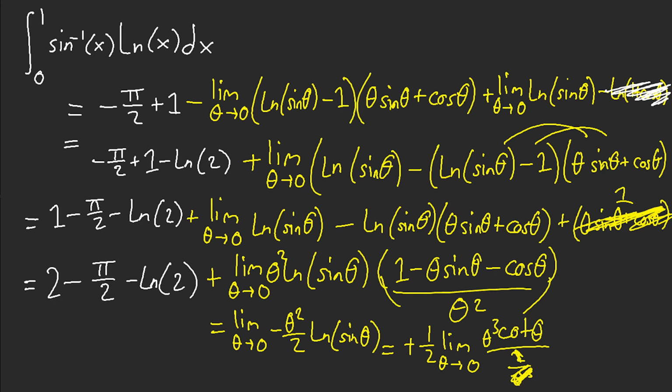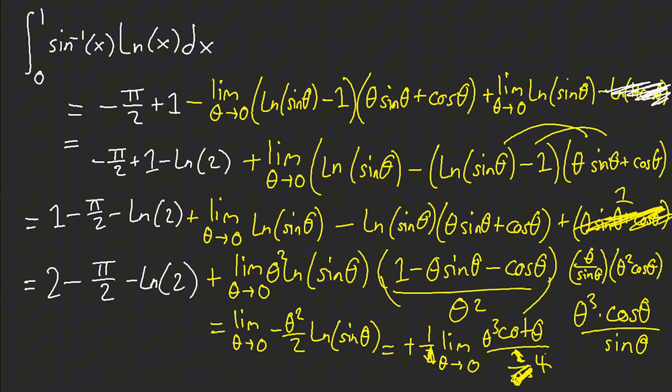This is now 4 at the bottom, but it doesn't really matter because theta cubed times cosine theta over sine theta. I mean, we get theta, this converges to 1. Theta squared of cosine theta, this converges to 0. So the limit is equal to 0. Therefore, our answer is just this.